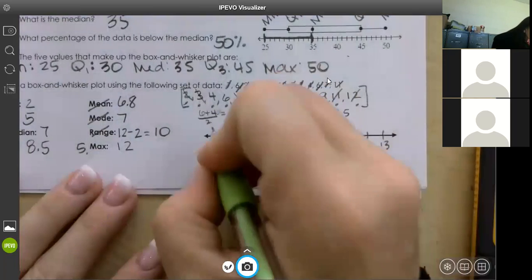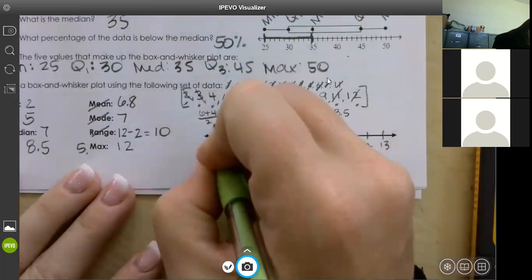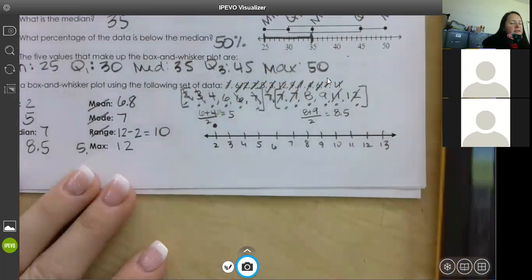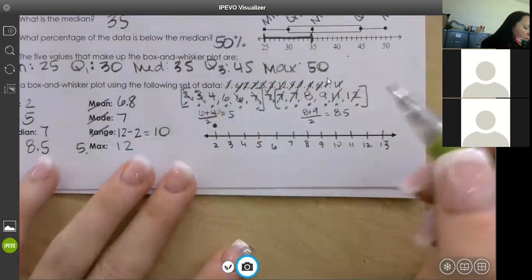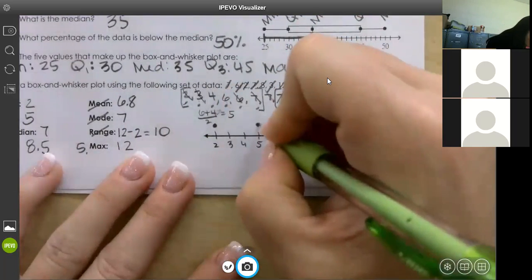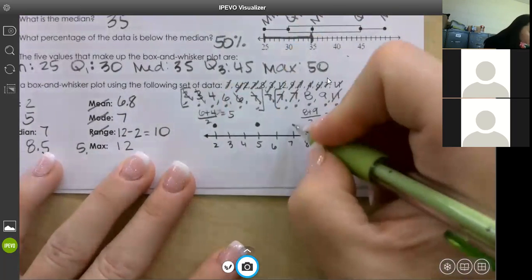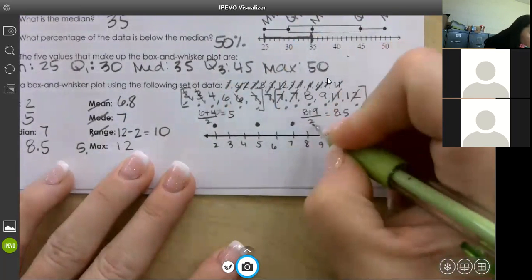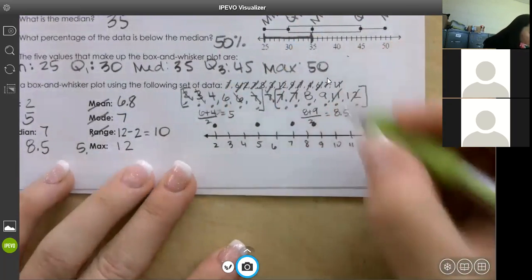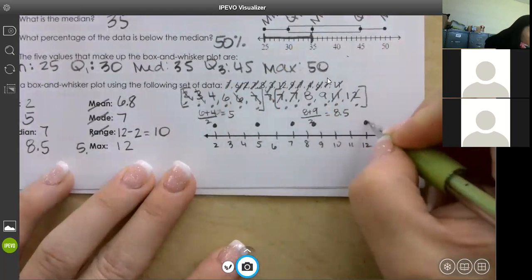So we have 2, so we just draw a dot floating above the number line. We have 5. We have 7. We have 8.5. And we have 12.